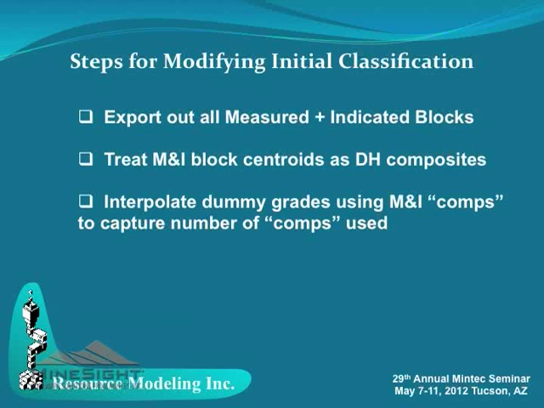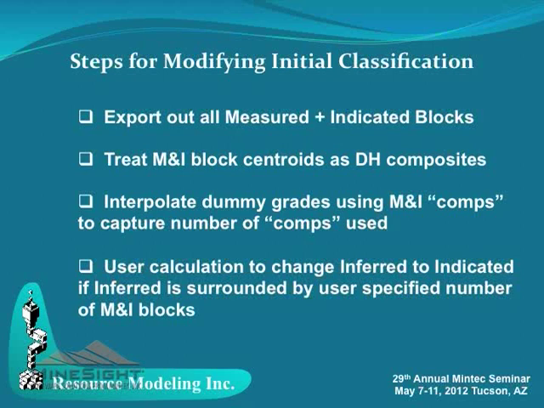Only the inferred blocks are going to be estimated with measured and/or indicated block points. So then a user calculation can be run to reassign that preliminary resource category to another classification.